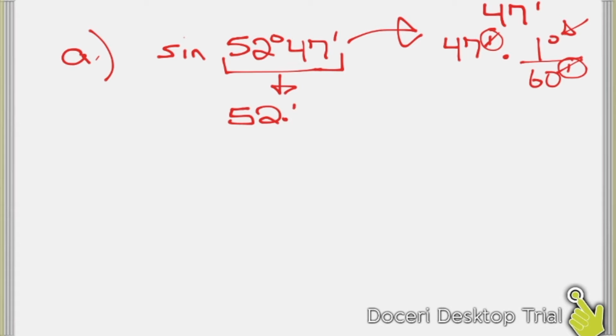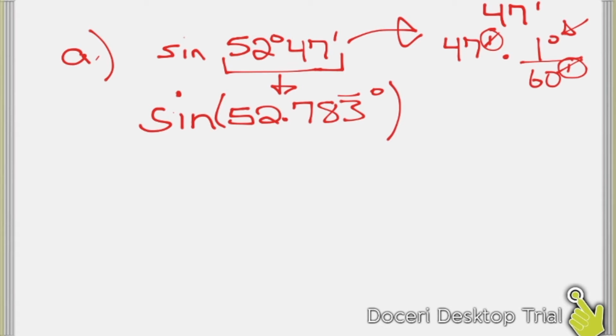So we are actually going to be finding the sine of 52.783 repeating. So we do the conversion.